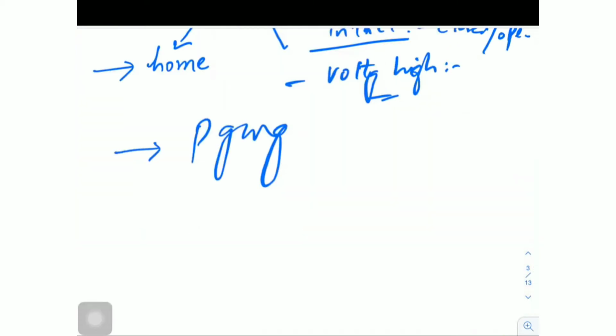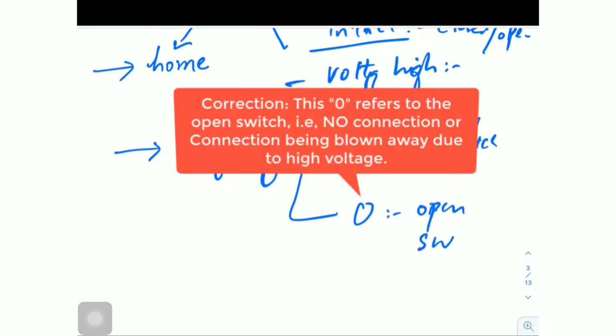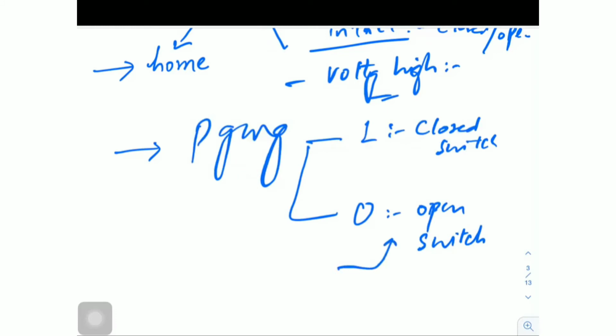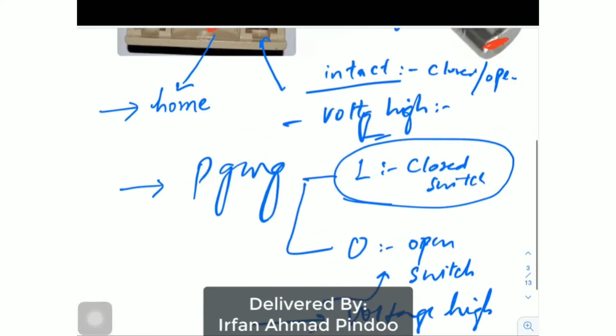So the programming that we are referring to is this 1 and 0, where 1 is the closed switch and 0 refers to the open switch. And how are we able to make an open switch? That is done by giving a voltage, and originally your switch will always be closed.